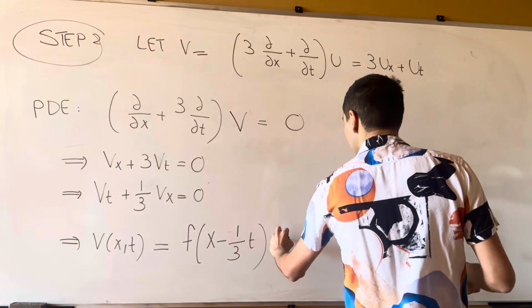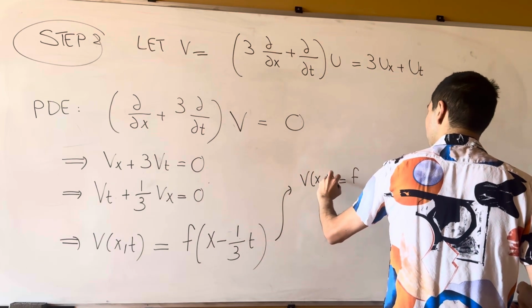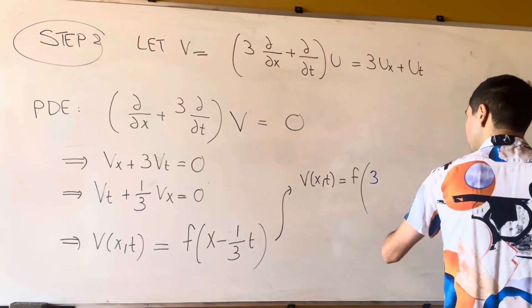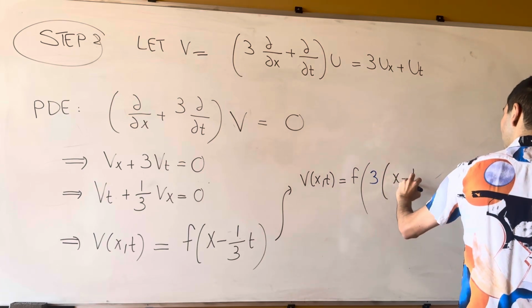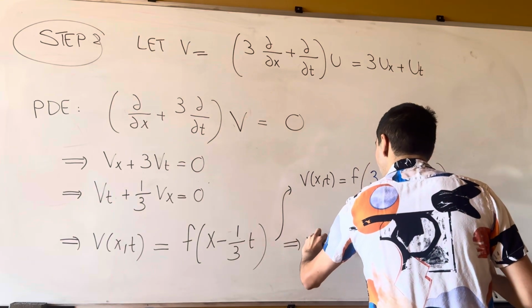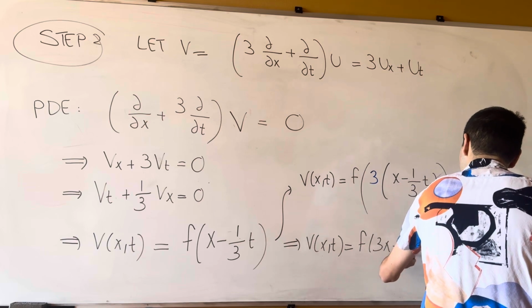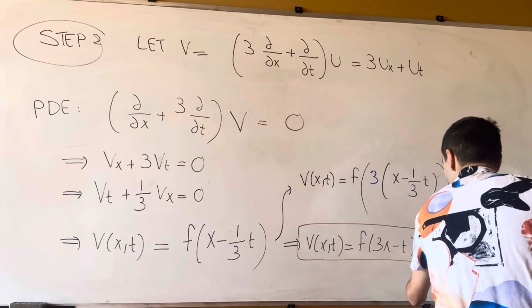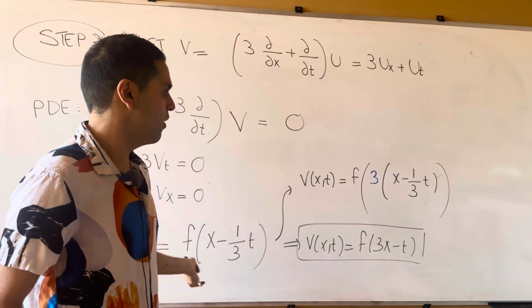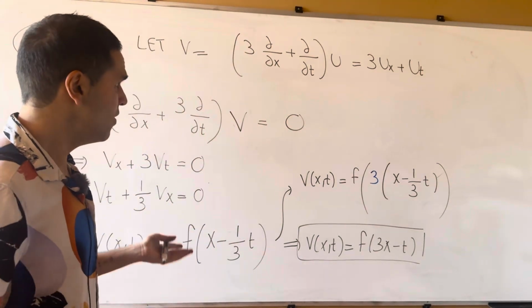So in fact, what we can have is v(x,t) is f of 3 times (x minus 1/3 t), for a possibly different f, and so v(x,t) is f(3x − t). Which again, I know we can just get this directly, but I wanted to illustrate the scaling property because it's important to understand.